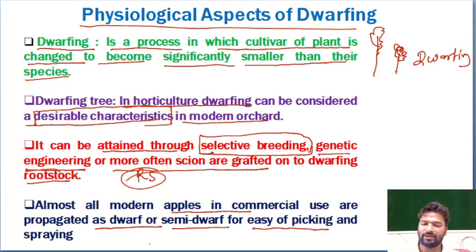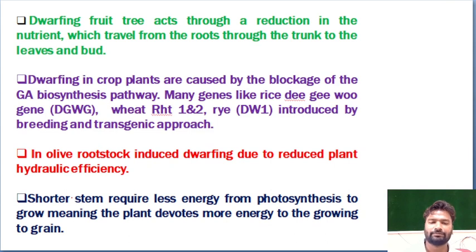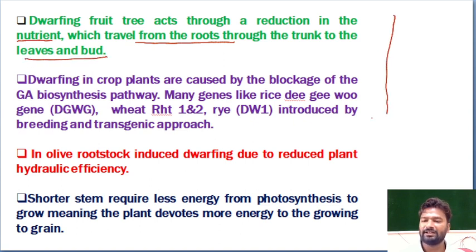Ease of picking the fruits and ease in the spraying process. Next, this dwarfing tree acts through a reduction in the nutrients which travel from root through the trunk to the leaves and buds. So as you know, this is the soil and these are the nutrients.